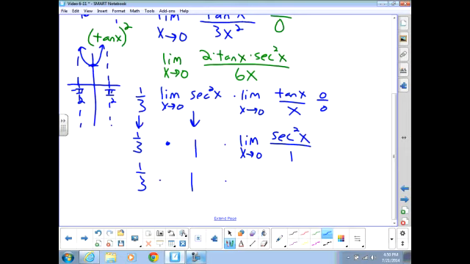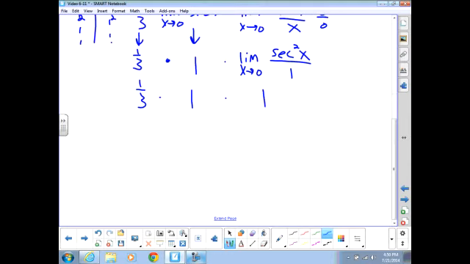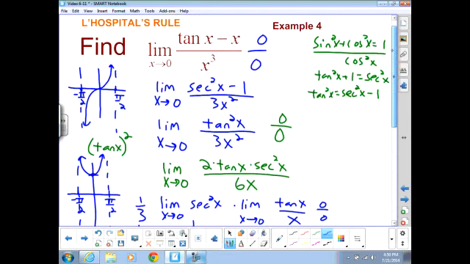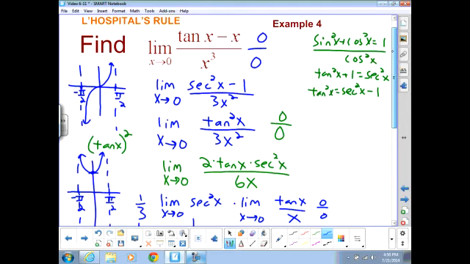We just saw that as x approaches 0, that is in fact 1. So in the end, we have 1/3 times 1 times 1 to give us 1/3 for the value of our original limit. Remember that original limit was tan x minus x over x cubed as x approaches 0.